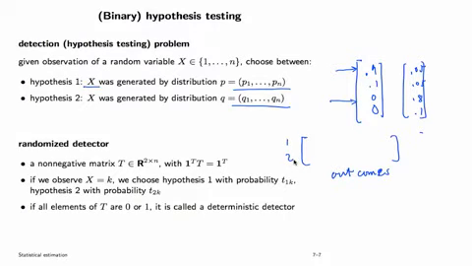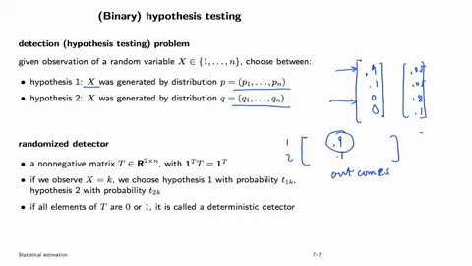Each column tells you what you should do when the outcome is, say, capital X equals 4. So you might have 0.9 and 0.1. That's pretty weird, because what it says is that when capital X equals 4, you're going to say with probability 0.9 that it was generated from distribution 1, and with probability 0.1 that it was generated from distribution 2. So we'll talk about why you might do this in a minute.